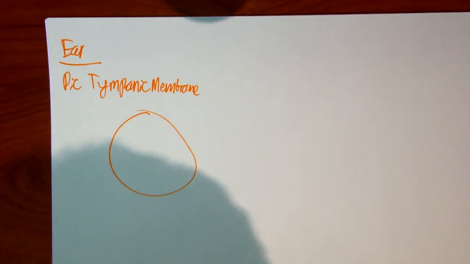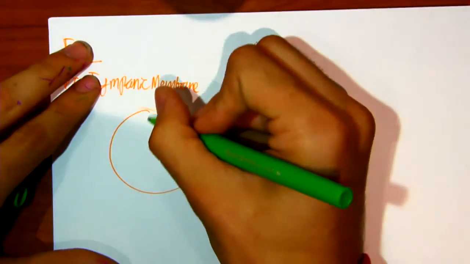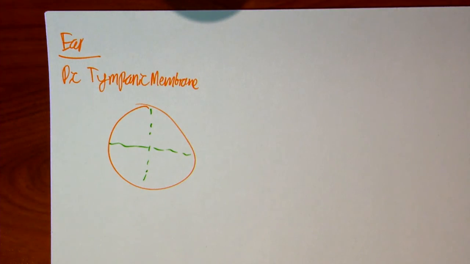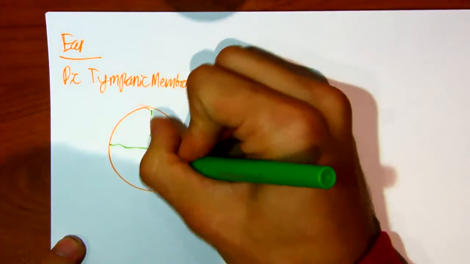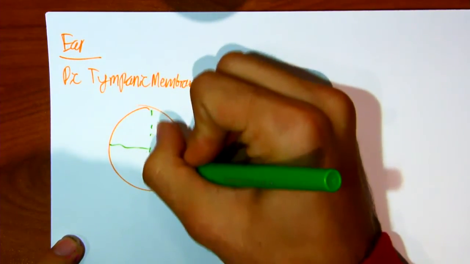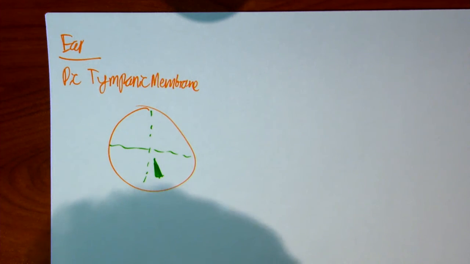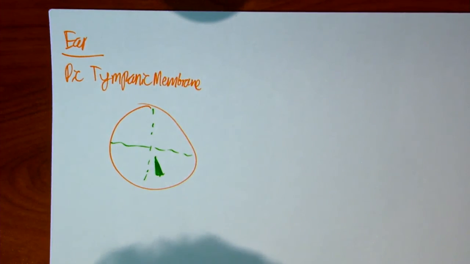When we have it in a healthy person, split it up into 4 quadrants, where is the cone of light typically going to fall? Yeah, so about right here. It's where we'll typically see our cone of light. So just know where the cone of light lies when it's in a healthy tympanic membrane and when it's pathological. Do pay attention to the clinical points, especially in this part. They're always important, but this part has some pretty important ones.